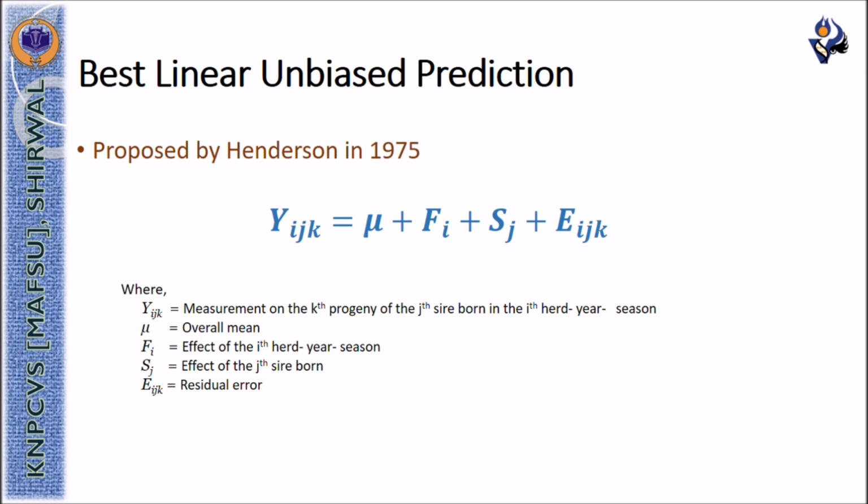Mu is the overall mean, Fi is the effect of ith herd year season, Sj is the effect of jth sire born, and Eijk is the residual error.